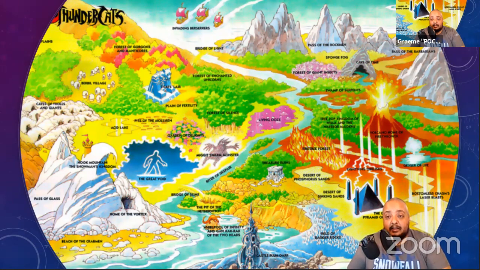But a map can be virtually anything as long as it's conveying vaguely locations, and we'll get into that more a little bit later with another awesome real world example of a map.